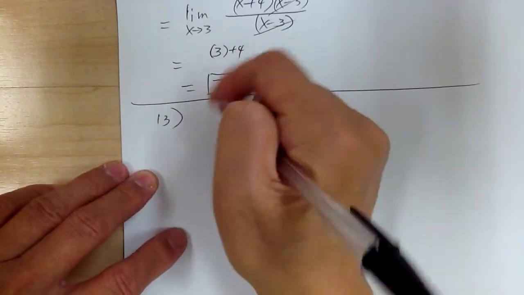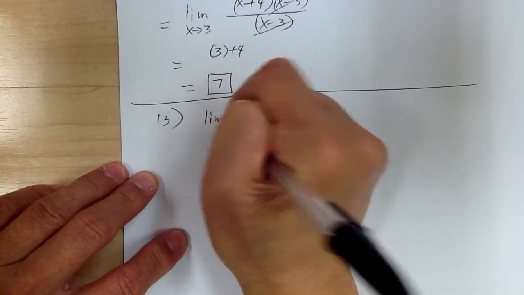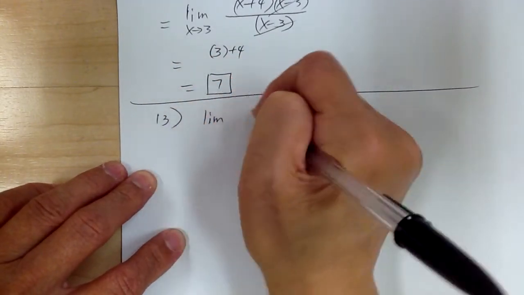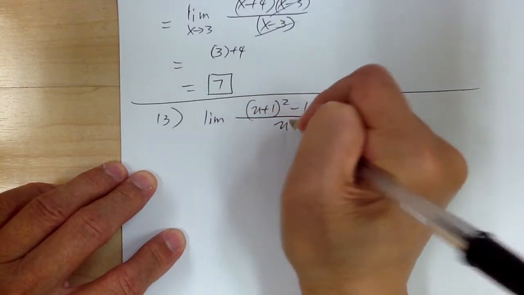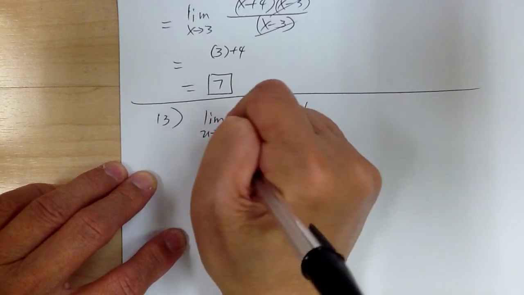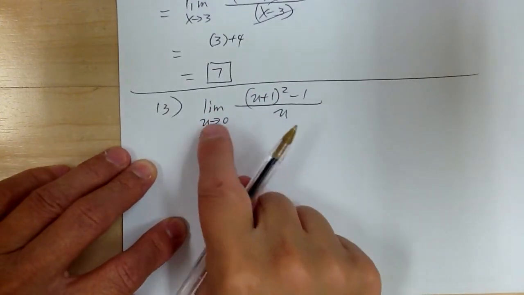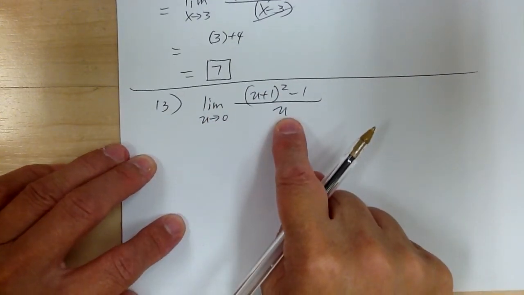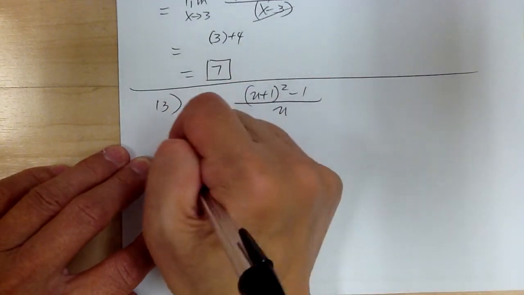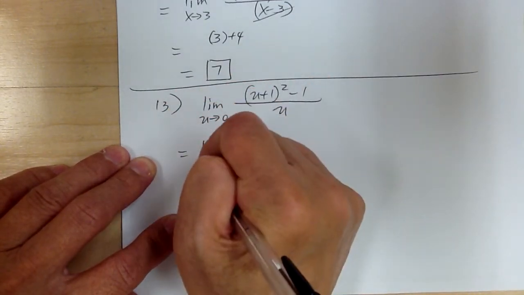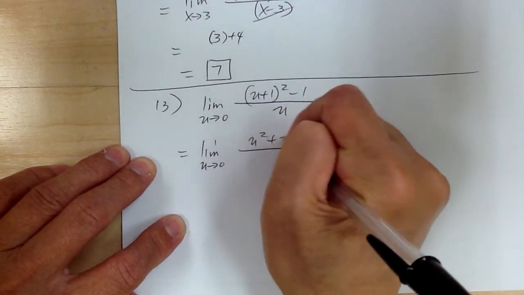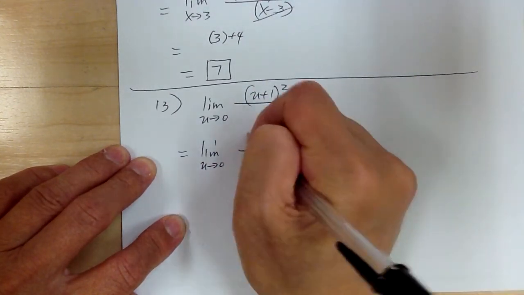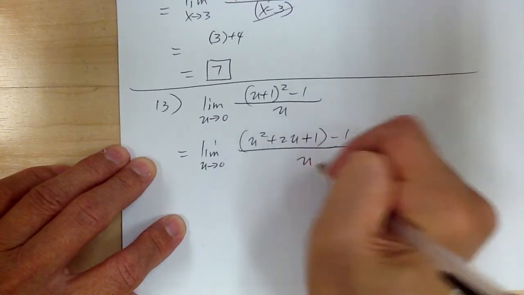Let's go to 13. The limit of u plus 1 squared minus 1 over u as u approaches 0. So you try the direct substitution, you cannot, so you have to work it out. Go and multiply out, you get u squared plus 2u plus 1 minus 1 over u.